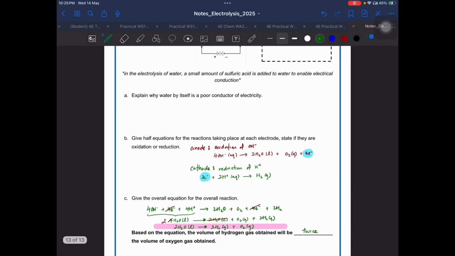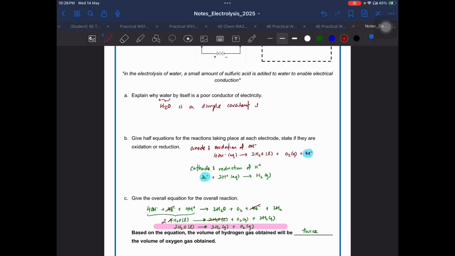Now in terms of part A, why water by itself is a poor conductor of electricity, I hope you remember in Sec 3, we learned that H2O, given that it's made out of non-metals, is a simple covalent substance.